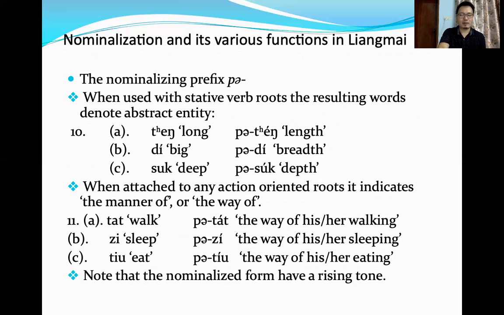For example, we have tat, walk, and when we say patat, it means the way of his or her walking. Z is sleep, or pa z, the way of his or her sleeping. Note that in the nominalized form, there is a rising tone.